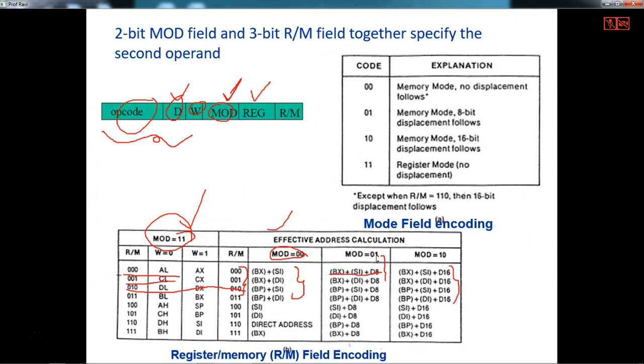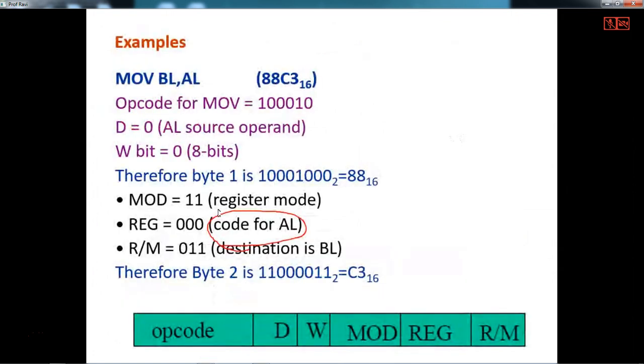So if the displacement is 8-bit, use 01 in mode, and if it is 10, it means 16-bit displacement. Then coming to the registers, R by M, you can write it as 000 when you are using the accumulator register or different registers.